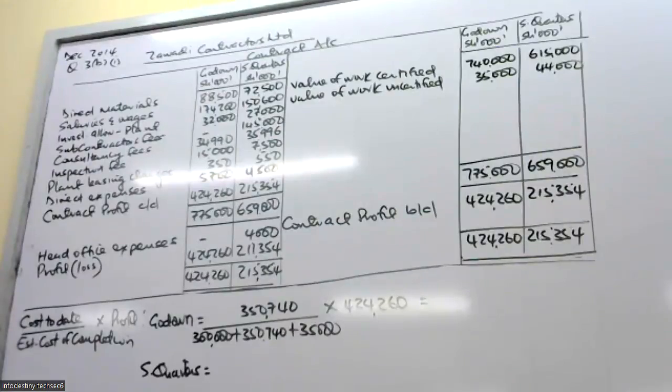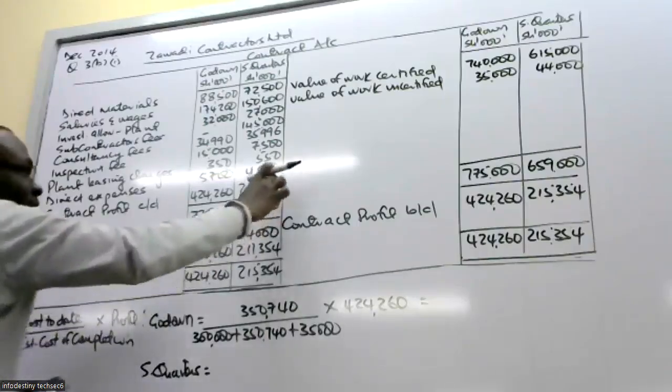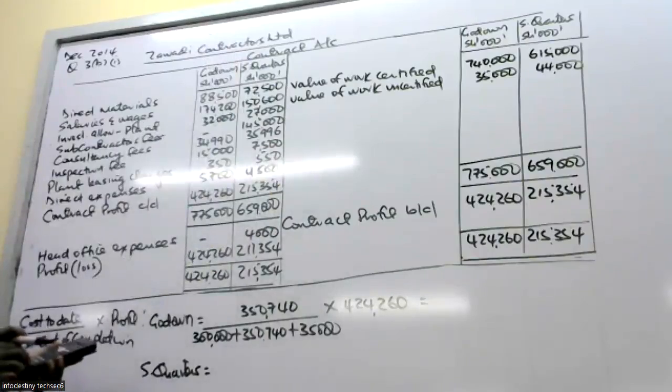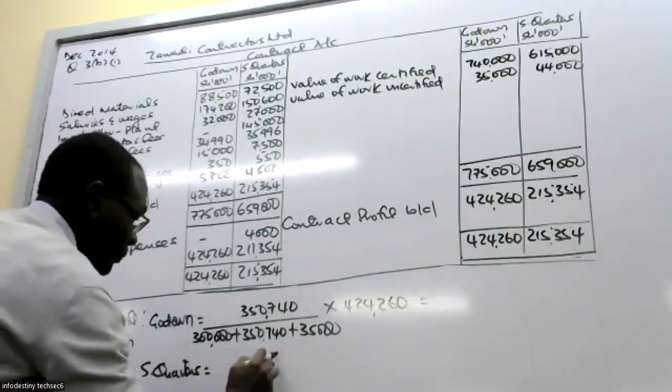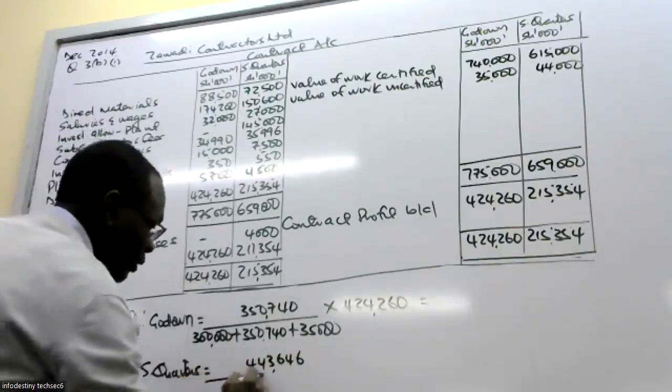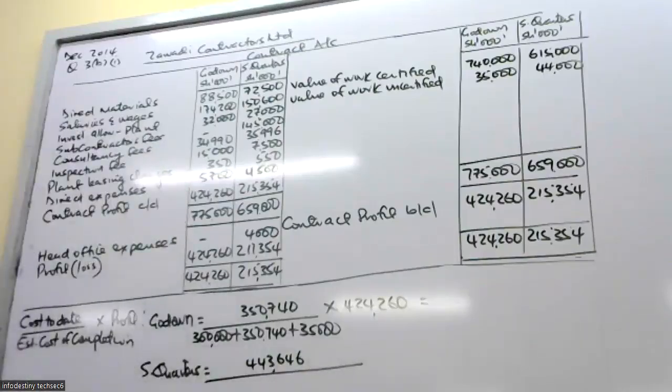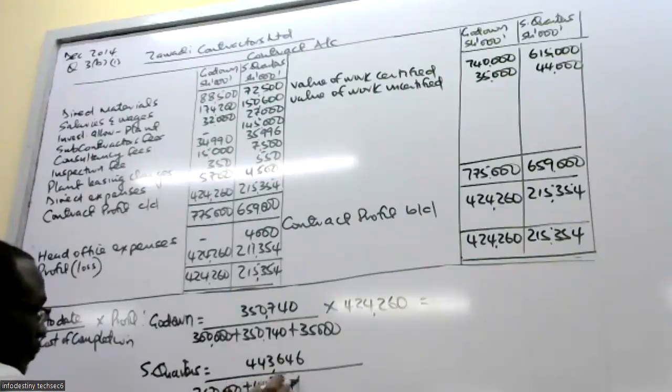Then we do the same for the other one. It will be 659. This one minus this one, it will give us the direct costs: minus 215,354 will give us the direct cost of 443,646. We divide by cost to complete. We've given you the cost up to January is 250. The cost for this period, the cost remaining to be done is 44.